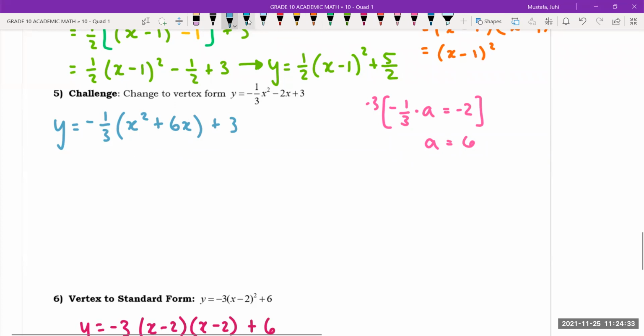Then we need to complete the square. To complete the square, it's just going to be 6 divided by 2, which is 3 squared, which is 9. So -1/3.